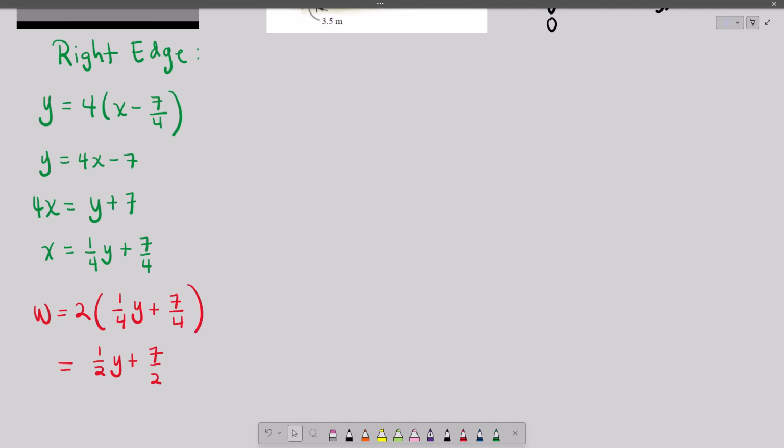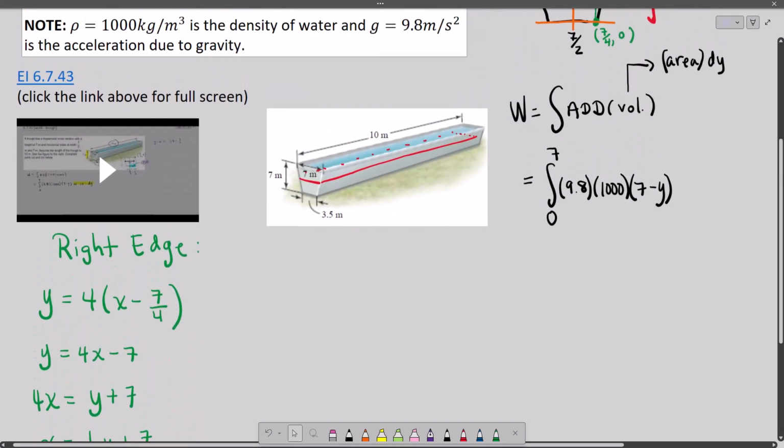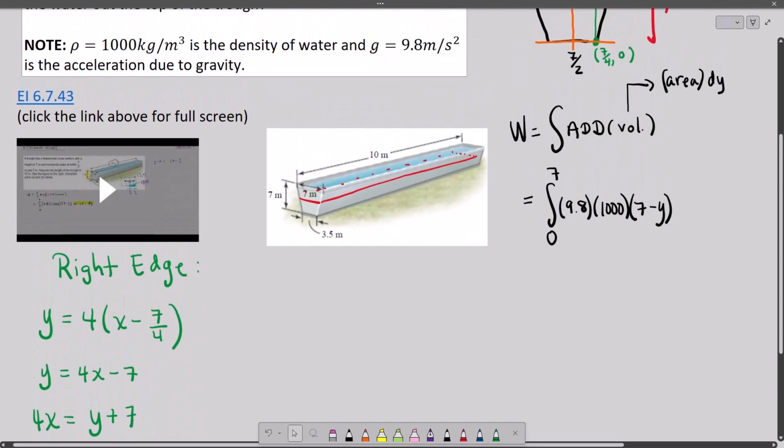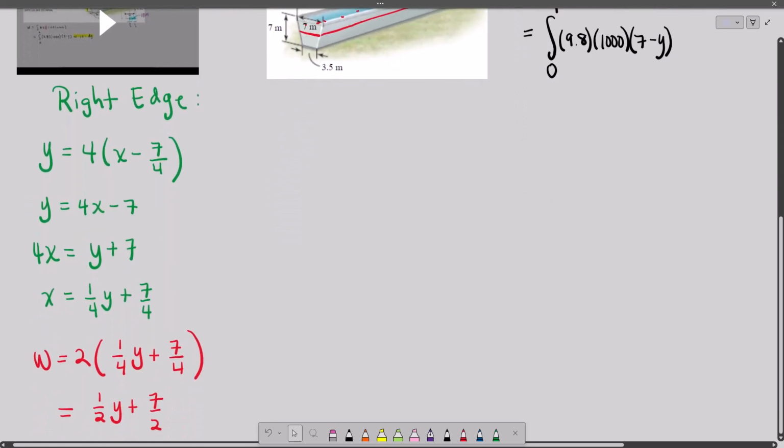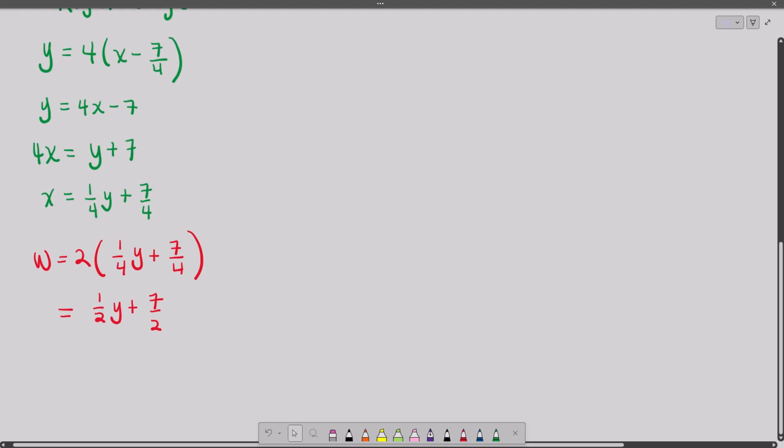And you can check. It's a pretty easy one to check. If you're at a height of 0, you're 7/2 across the front, which matches the 3.5. Right? 7/2 is 3.5. And if you're at the top, where Y is 7, that should be the big base of the trapezoid.